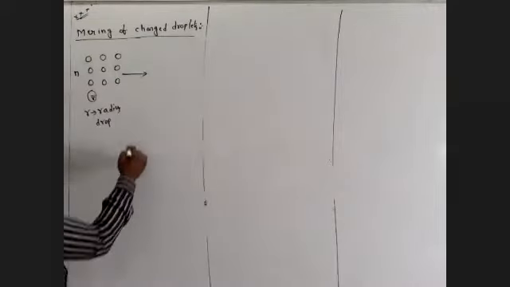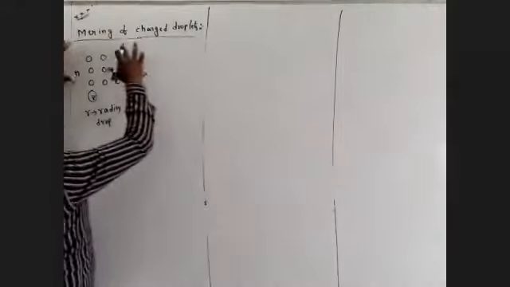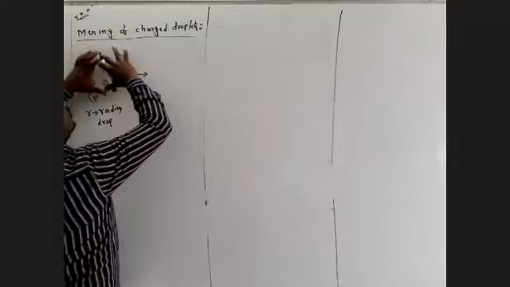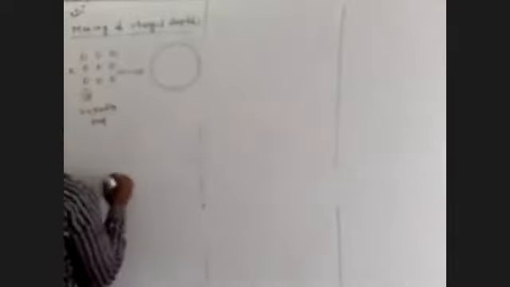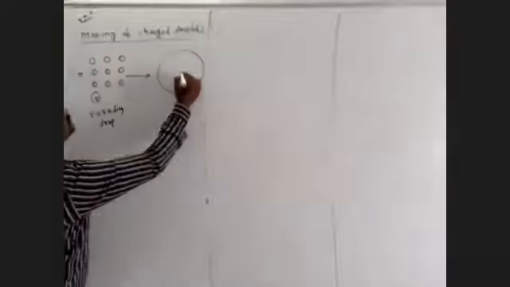So this is merging of charge drops. All these small drops come together to form one big drop. What is the radius of this one? I'm taking it as capital R dash.